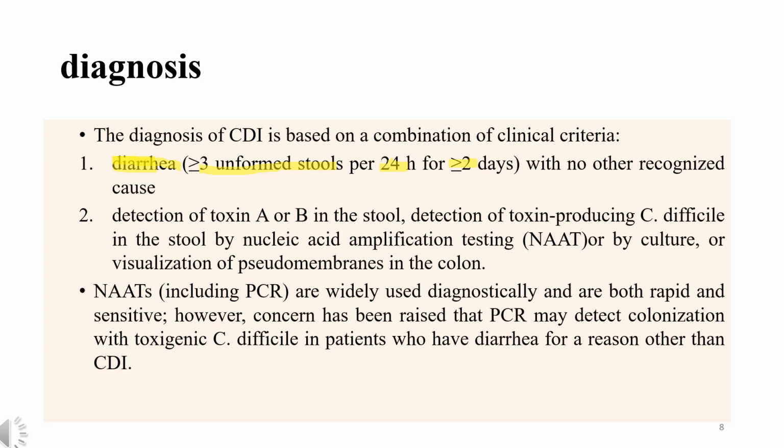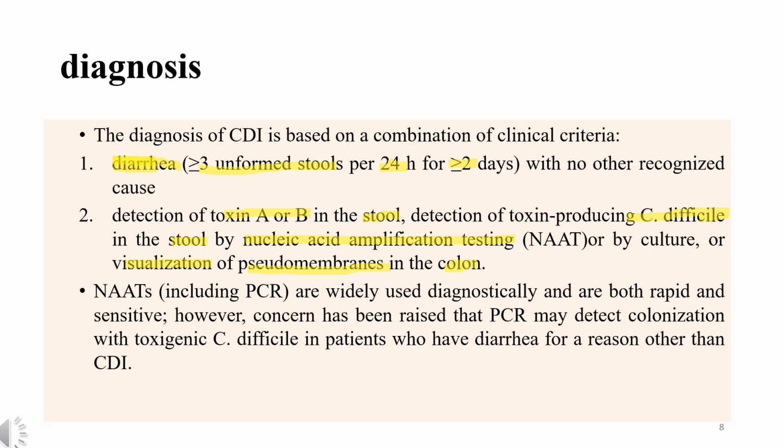Number 2, detection of toxin A or B in the stool, or detection of toxin-producing C. difficile in the stool by nucleic acid amplification testing like PCR, or by culture, or visualization of pseudomembranes in the colon. Pseudomembranes in the colon are created in an advanced stage of CDI.